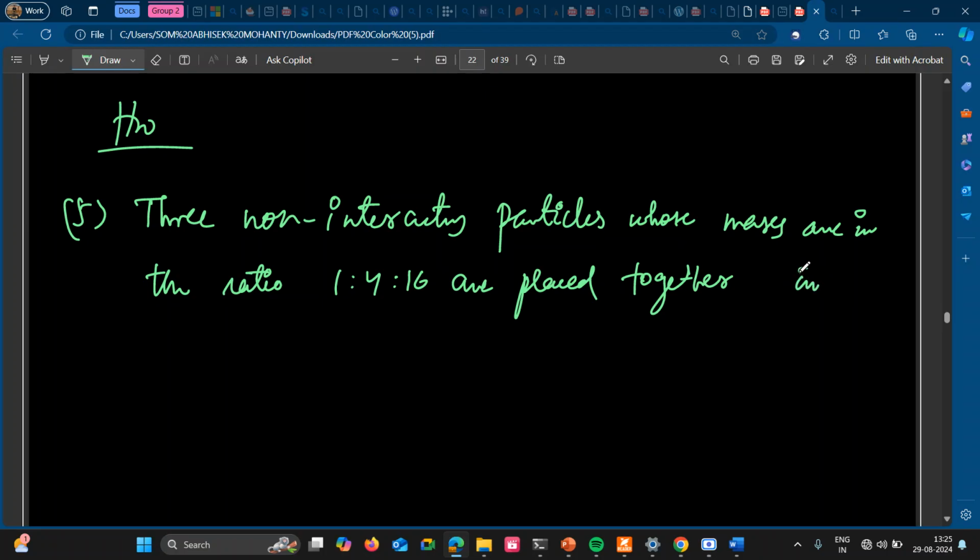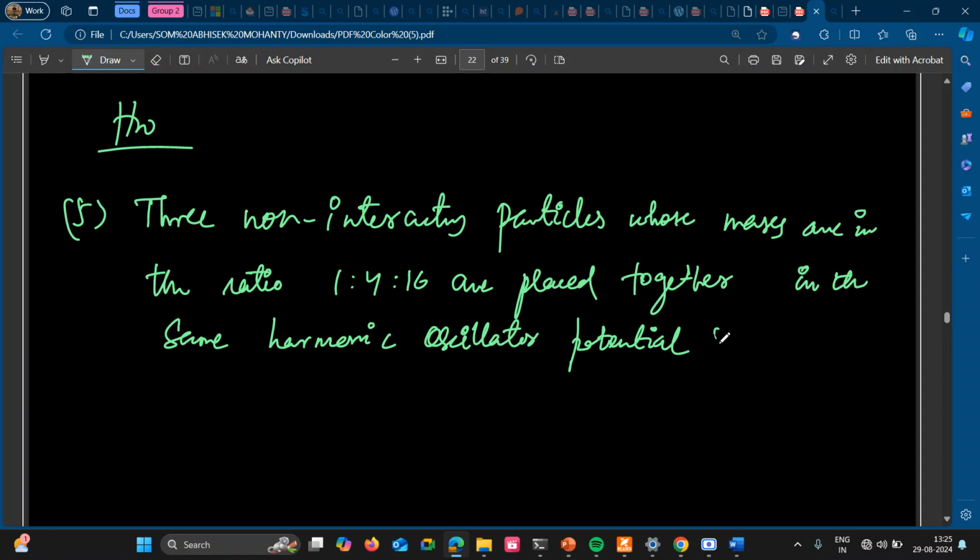in the same harmonic oscillator potential V of x.